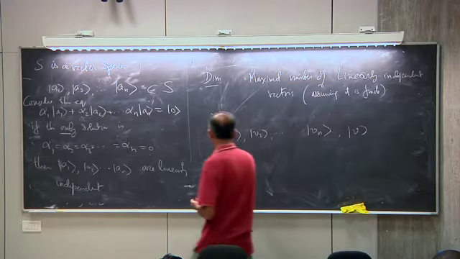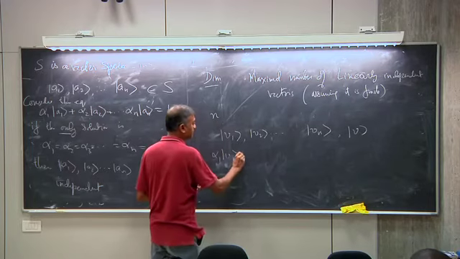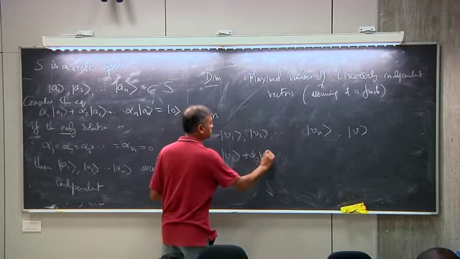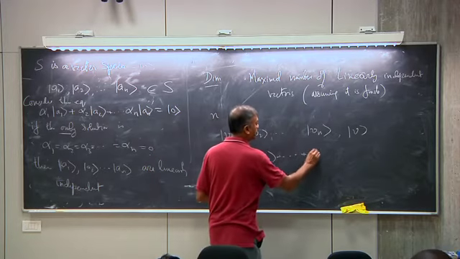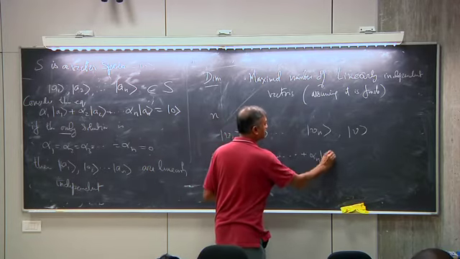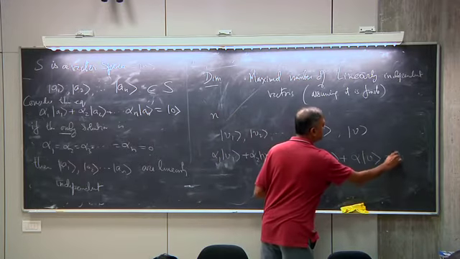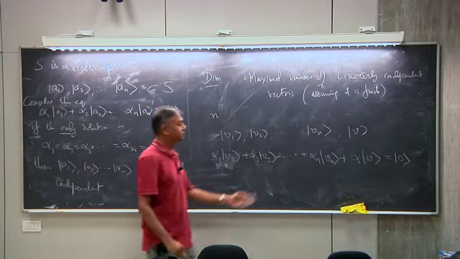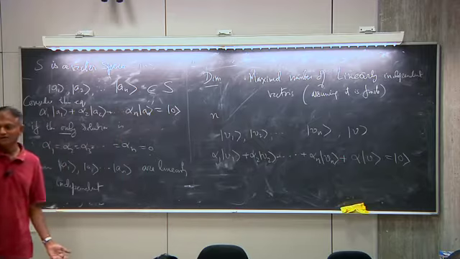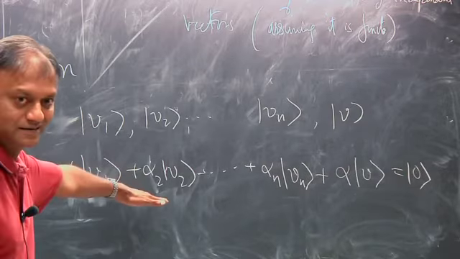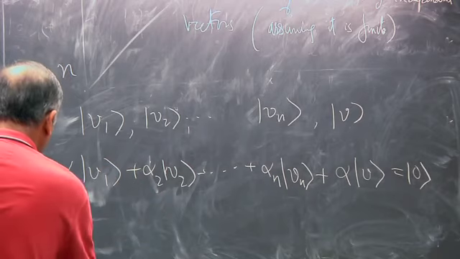Which means that if I consider this equation, alpha 1 v1 plus alpha 2 v2 plus up to alpha n vn plus, let's say, alpha v equal to the 0 vector, then there exists a non-trivial solution. There exists, because they are not linearly independent.